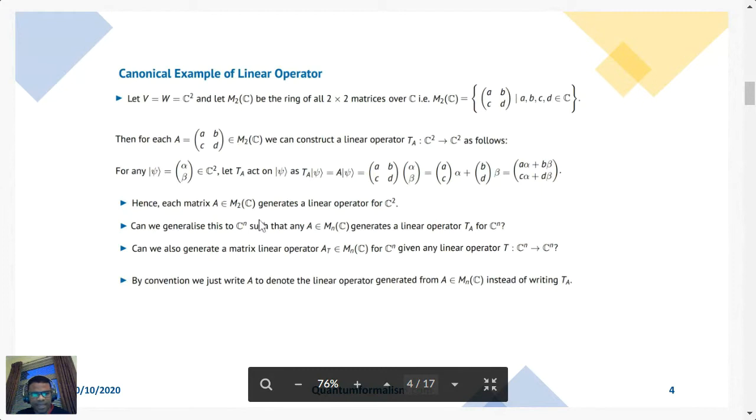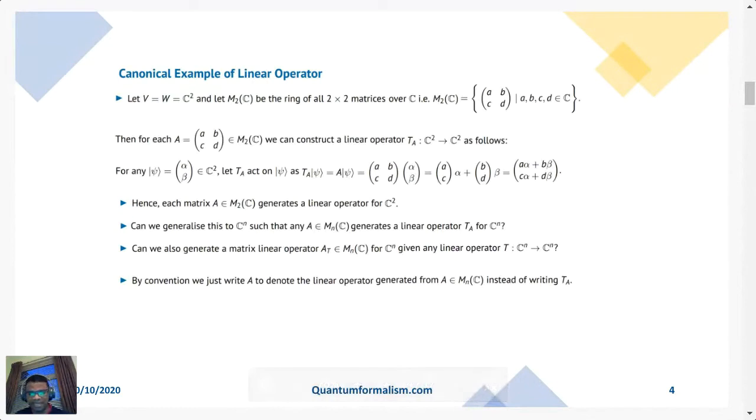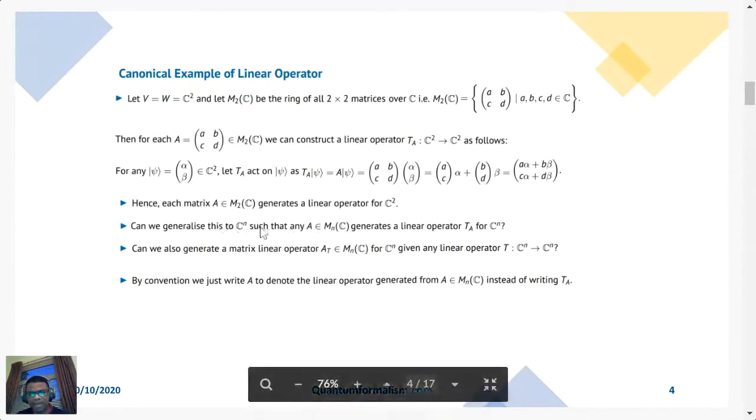We also mentioned that each matrix defines a linear operator. But this can also be generalized to Cn, where n is greater than or equal to 2, or as a matter of fact, it can be defined for any n.